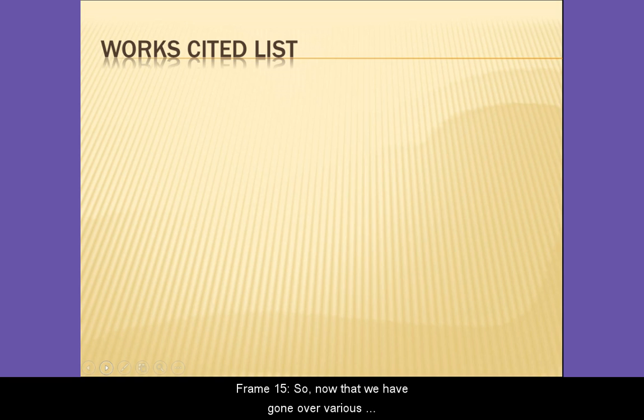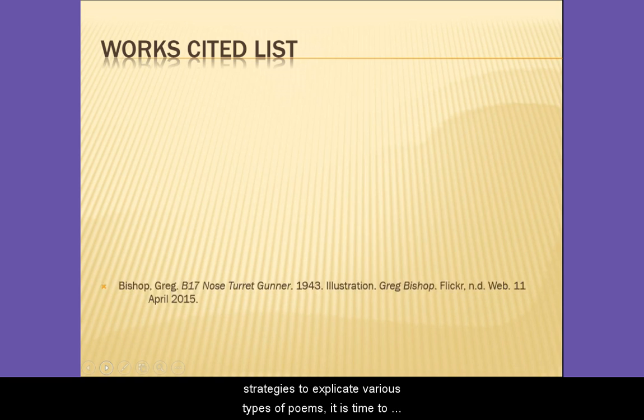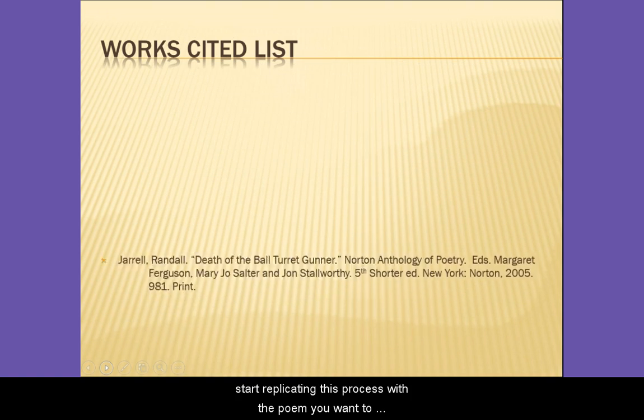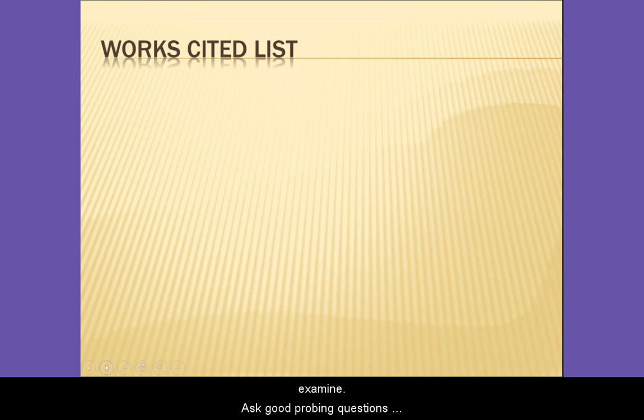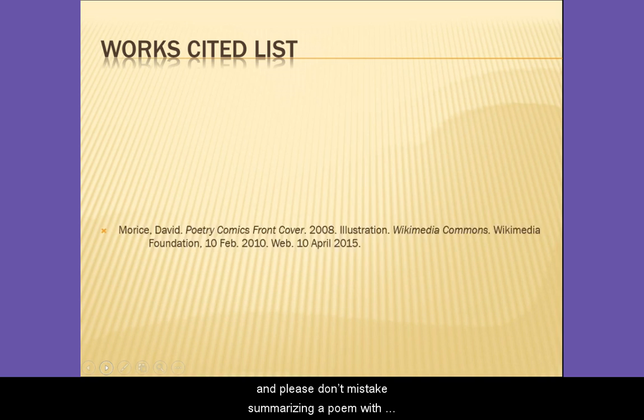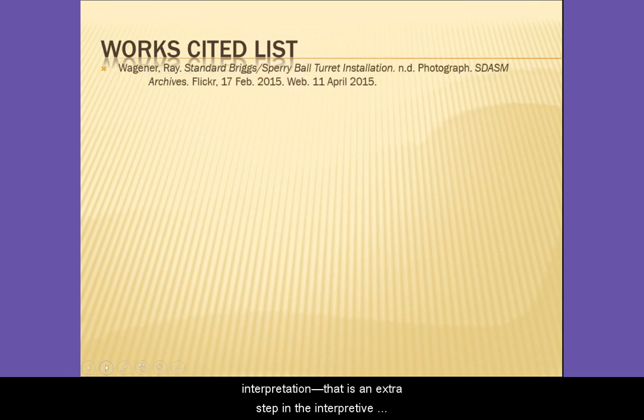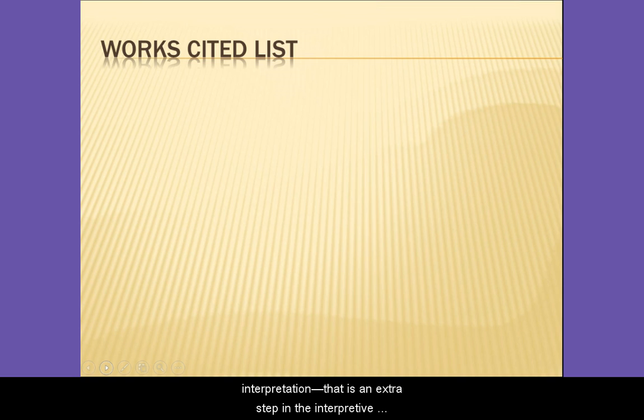So now that we have gone over various strategies to explicate various types of poems, it is time to start replicating this process with the poem you want to examine on your own. Ask good probing questions, and please don't mistake summarizing a poem with explicating it. Some poems, especially older poems like Shakespearean sonnets, need a level of basic interpretation. That is an extra step in the interpretive process, not interpretation itself.